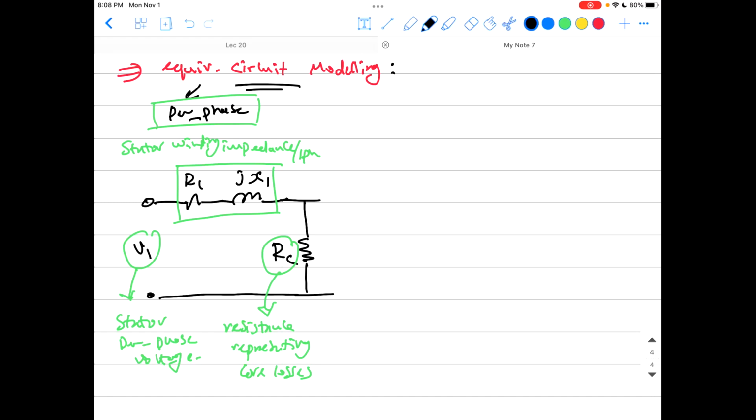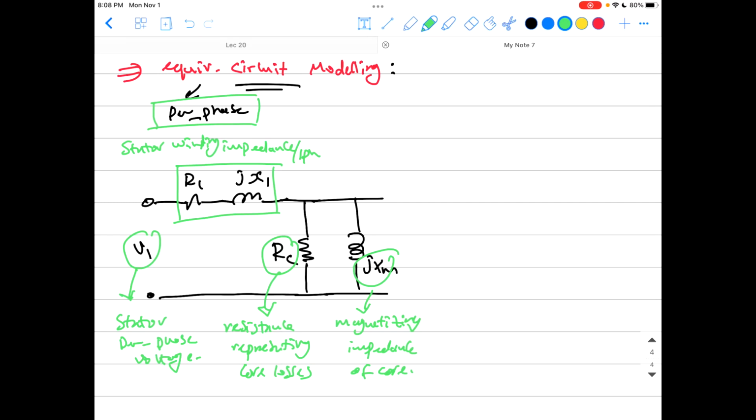Okay, guys? And another one here is in parallel to it. It is JXM. It's another impedance, XM. This impedance here is the magnetizing impedance of the core. It is representing the magnetic field that is moving inside the core to magnetize it.